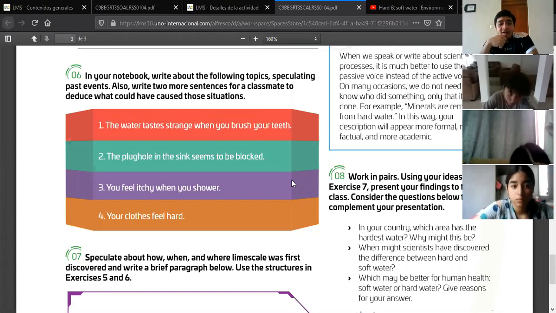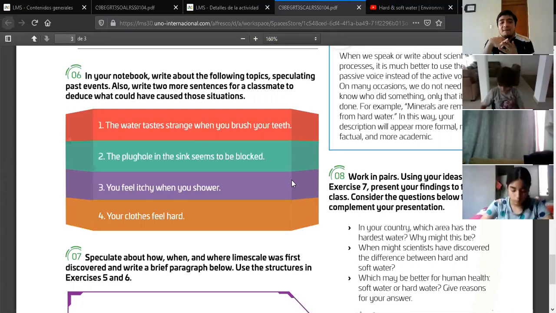And then we have this other one. You feel itchy when you shower. And then we have your clothes feel hard. I mean, in this one, in 3 and 4, I think we need to make separate sentences. You feel itchy when you shower. How can you complete that one, using the previous structure? Remember that itchy is when you feel like something like this.